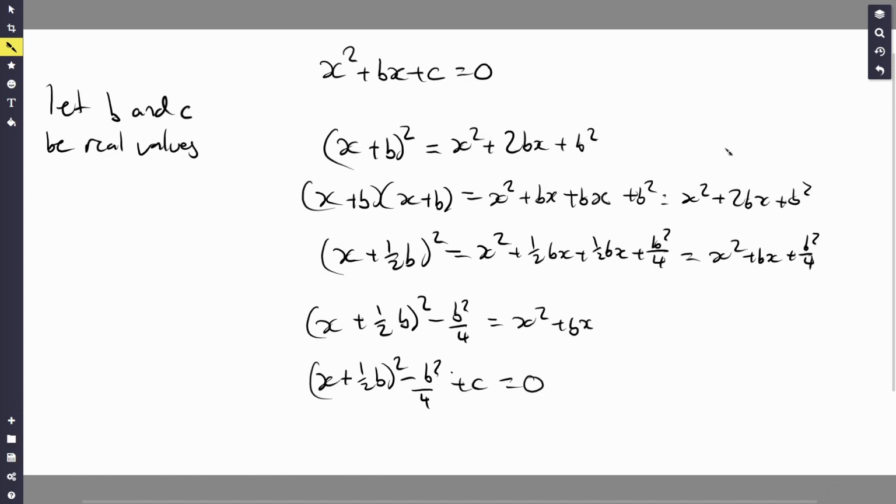And there we go. Once you multiply all that out, that is equal to x squared plus bx plus c, which is what we had at the very beginning. So that means that this is equivalent to this, but this is a much more useful version, as I was saying earlier. And that is how you prove that you can write this in complete the square form.